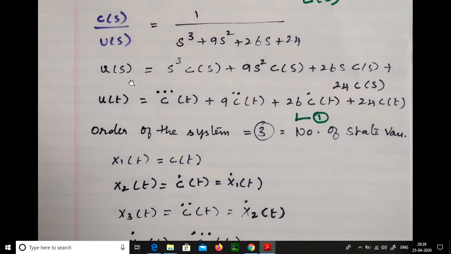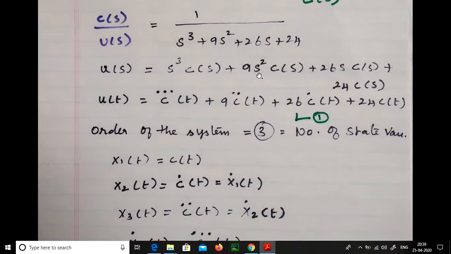Now the equation we obtained is in the Laplace transform domain, the frequency domain. If I have to convert this s domain into the time domain, then U of s becomes u of t, and s cube C of s is d cube by dt cube. So d cube c of t by dt cube, I can write as c triple dot of t.